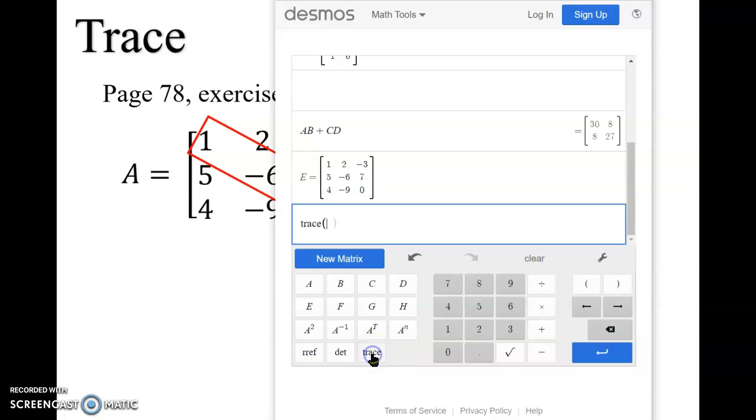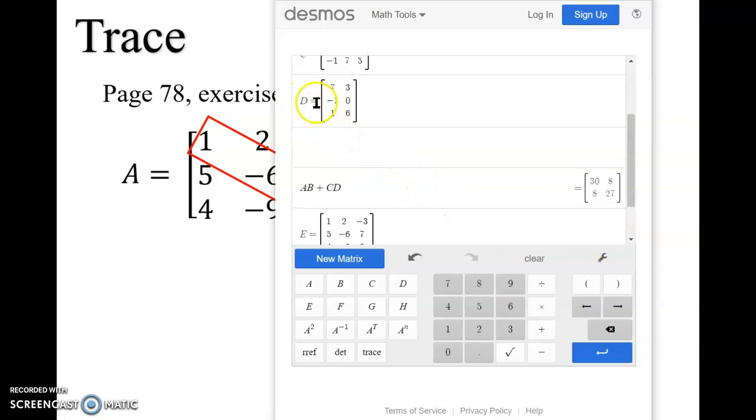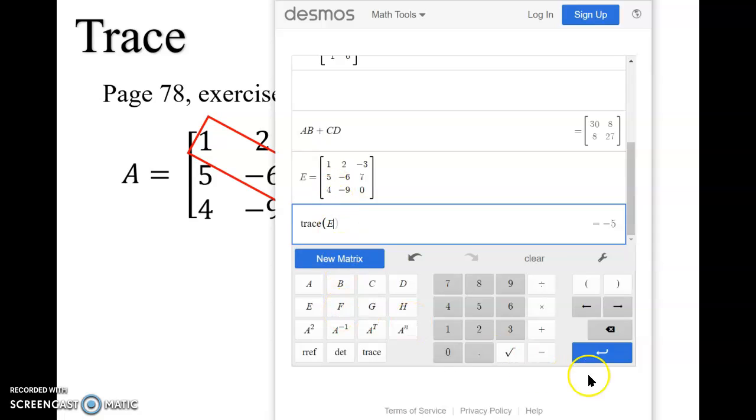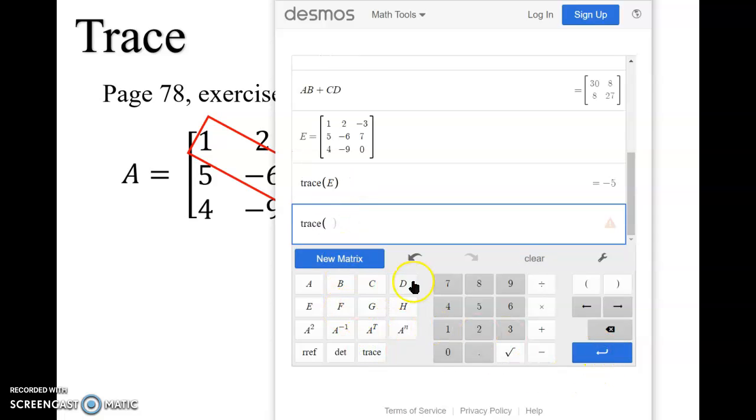Then I can say trace of, in this case, E, and I get -5. Now, if I had tried something like trace of D, the warning says you can only do this with a square matrix.